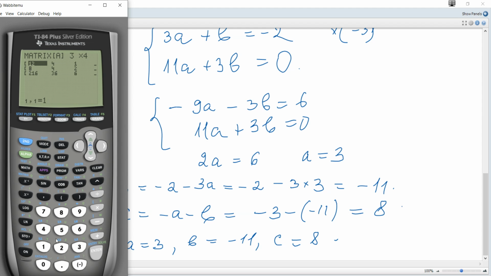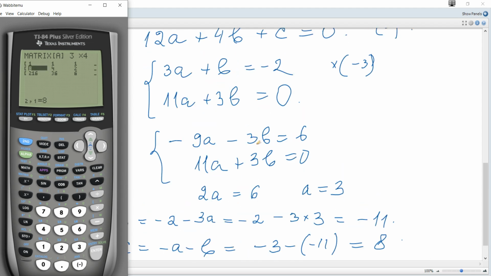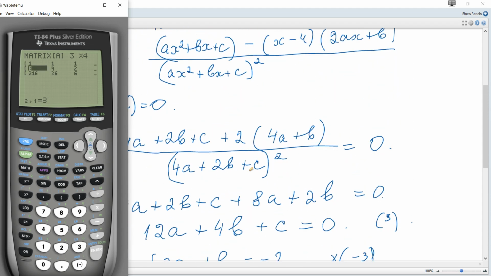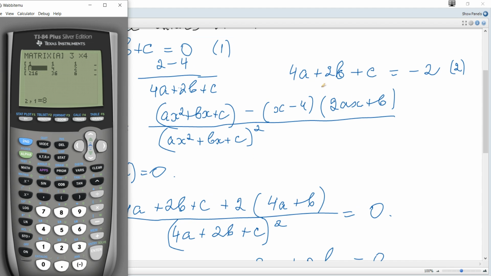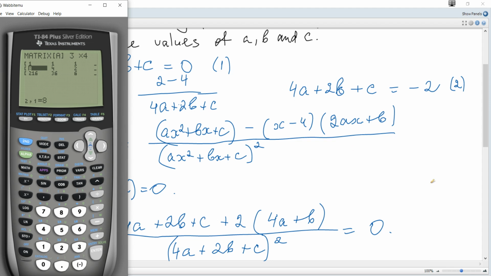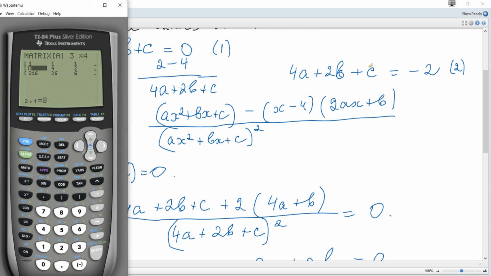So 1, 1, 1, and 0. The second, where is the second? But notice that there must be a, b, c, a, b, c, a, b, c in the same order. So the second becomes 4, 2, 1, and negative 2.